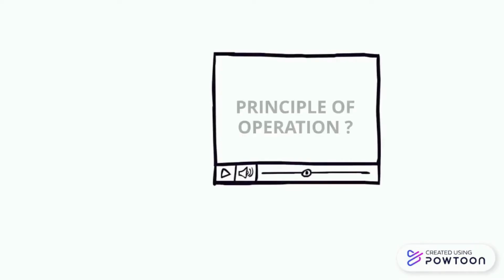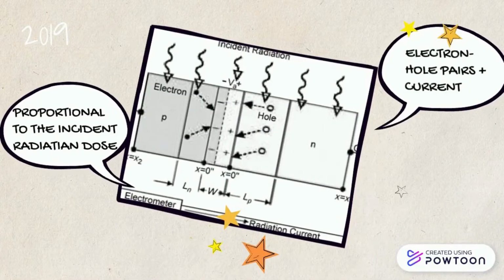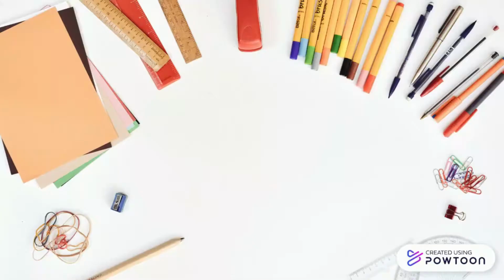So what is the principle of operation of the silicon diode dosimeter? When radiation falls on the diode, it produces electron-hole pairs in the body of the diode, and also current, which is generated in the reverse direction in the diode. The number of such pairs is proportional to the incident radiation dose.